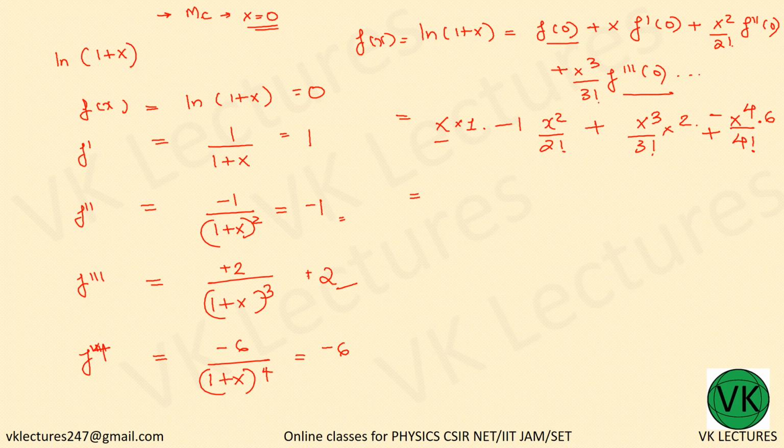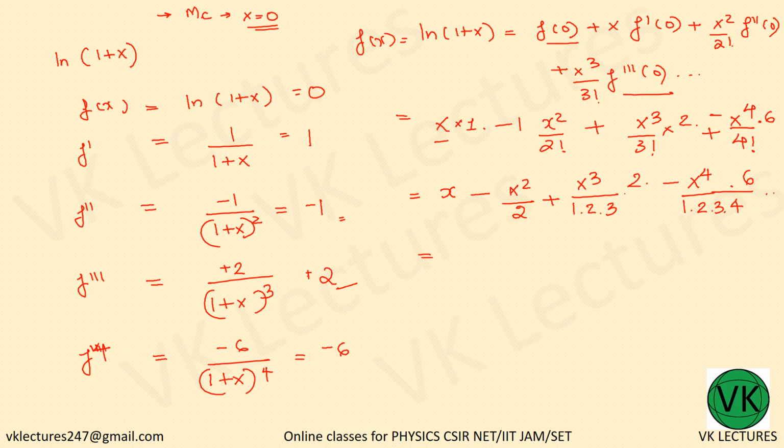Now let me write this as x minus x square by 2 factorial, which is nothing but 2, plus x cube by 3 factorial, which is 1 2 into 3, into 2, minus x to the 4 by 4 factorial, 1 2 3 4, into 6. It goes on.